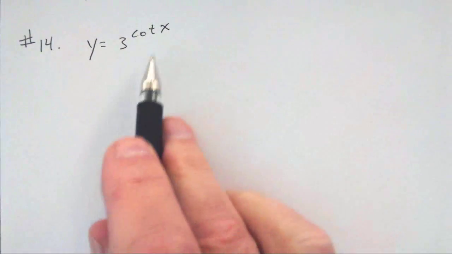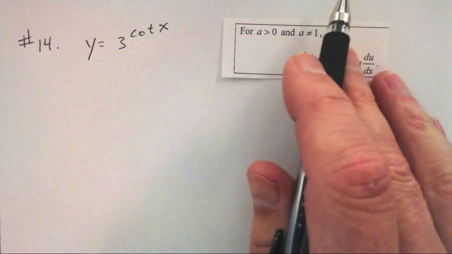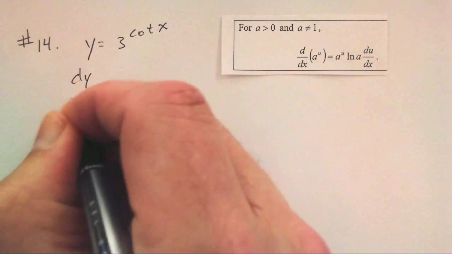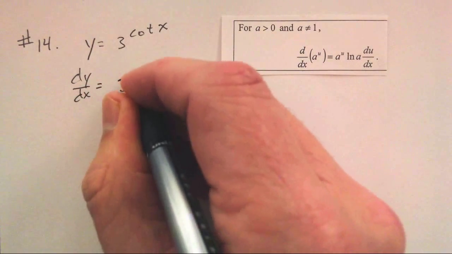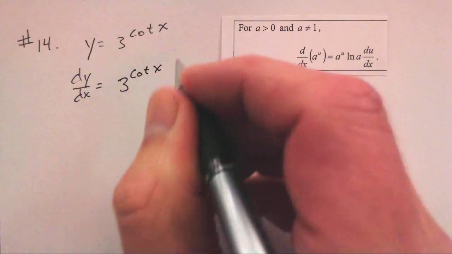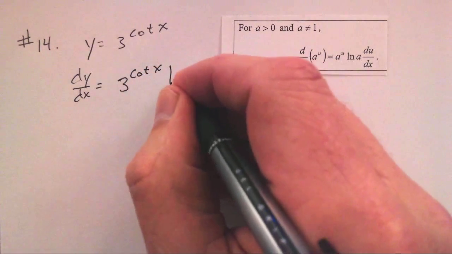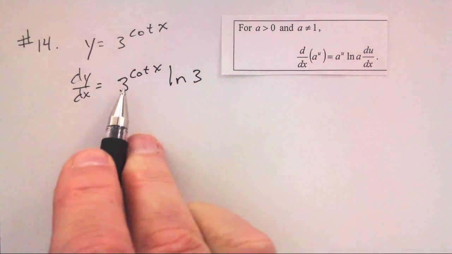Somewhere down the line, I'm going to be taking the derivative of cotangent. All right, but this still falls under this rule. So dy/dx equals 3 to the cotangent of x. It's not e to the, so I compensate with e's inverse, ln of the bad base 3.